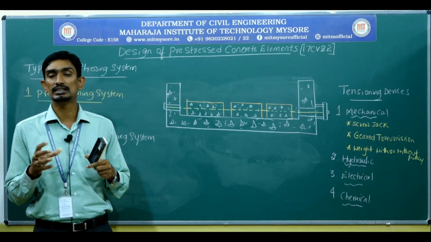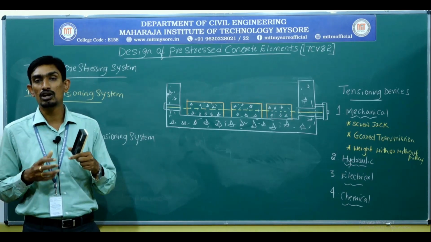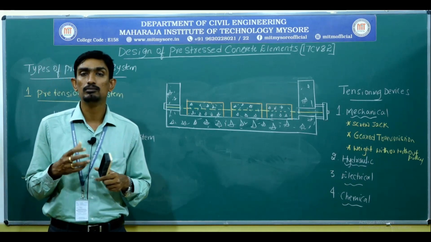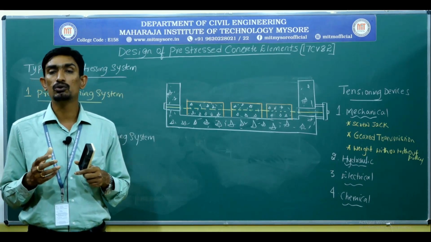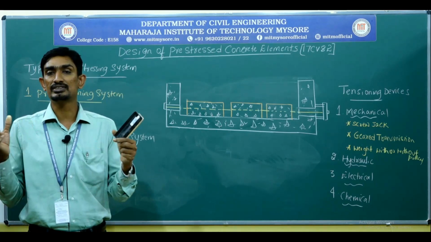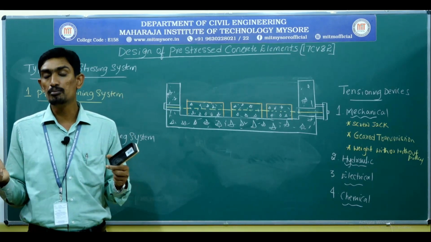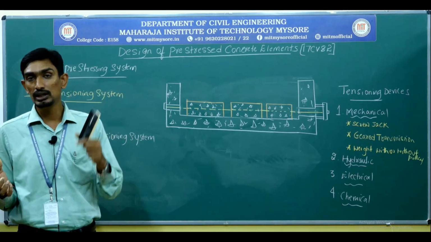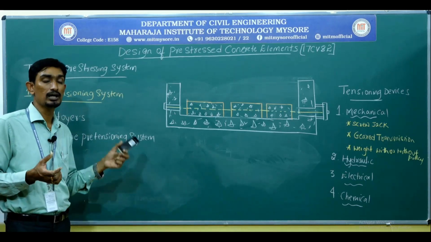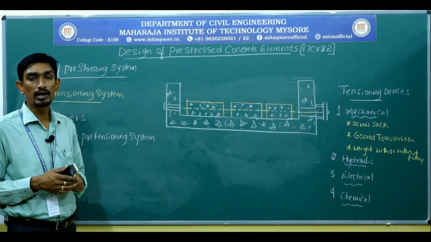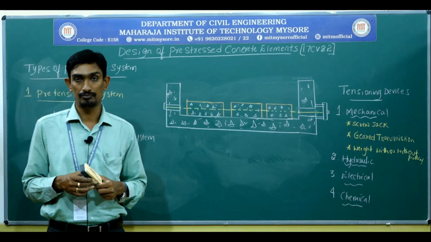Instead of casting them one by one, they cast a number of sleepers at a time. This concept was developed by Hoyer, so it is called the Hoyer pretensioning system.